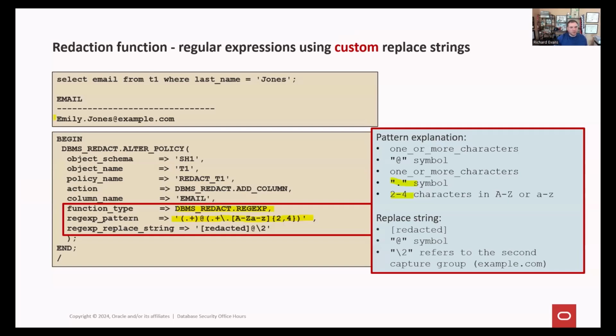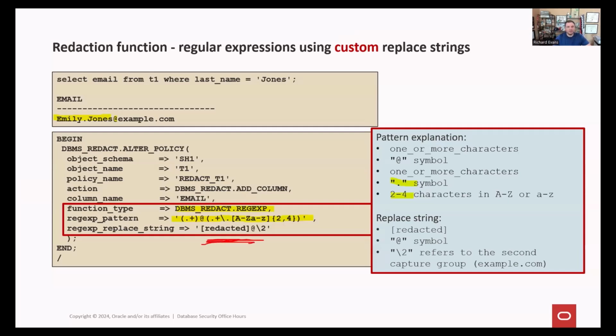So we've got the first portion, Emily Jones, which is one or more characters. We've got an @ symbol that is contained in every email address. And then we've got the domain and the .com, .net, .co, .uk, whatever it is, we've got it that we can capture there, okay? Then what we do is we choose our replacement string, right?